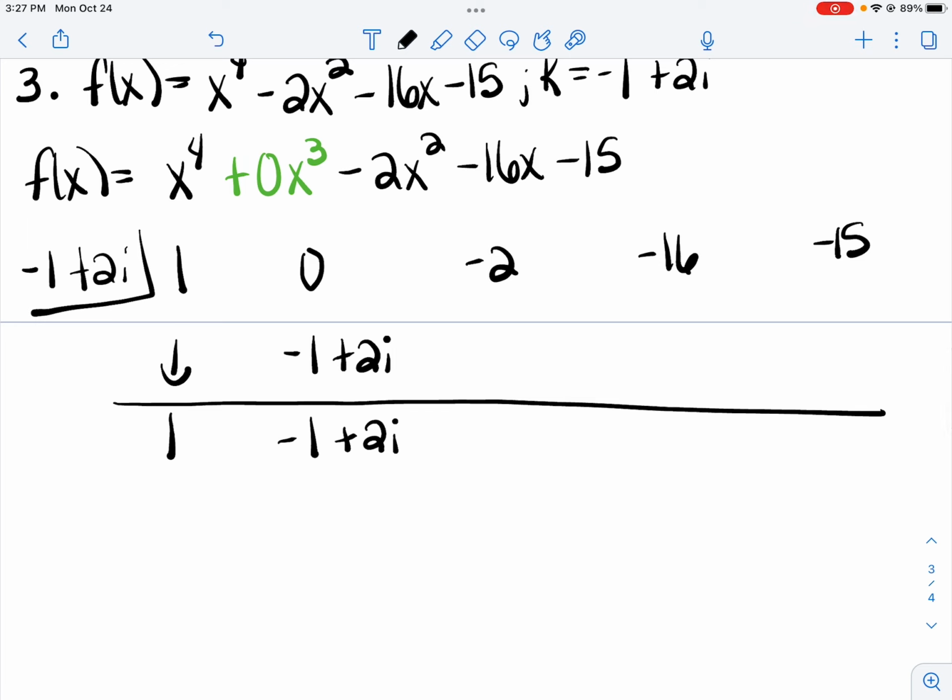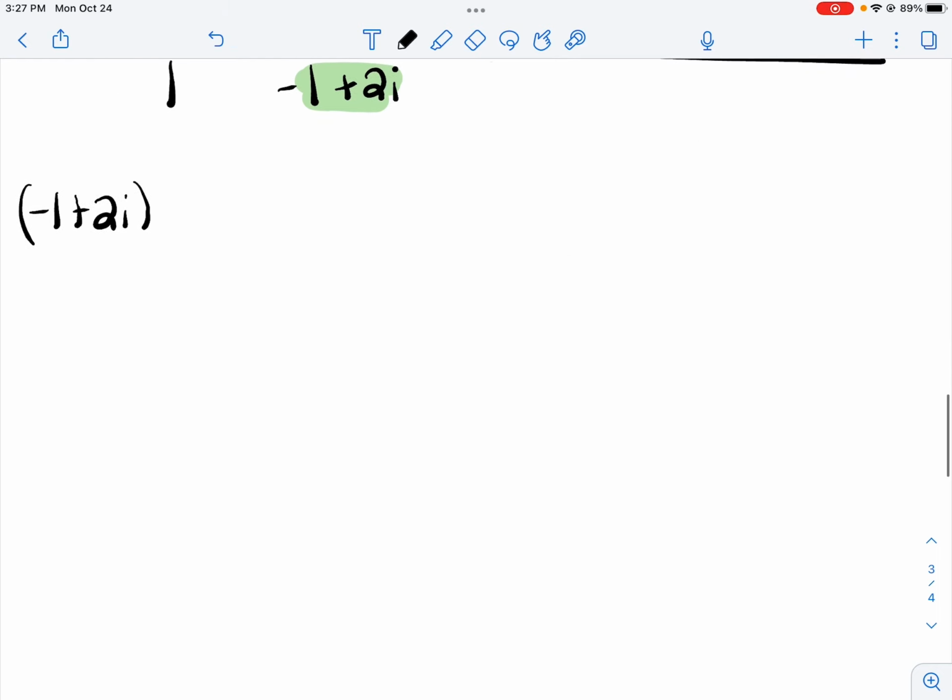Then I multiply the negative 1 plus 2i that's here with the negative 1 plus 2i in the box. And use FOIL to multiply.